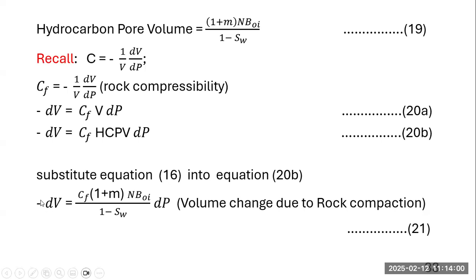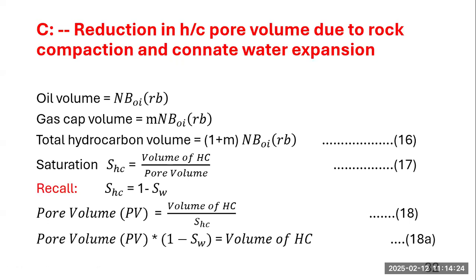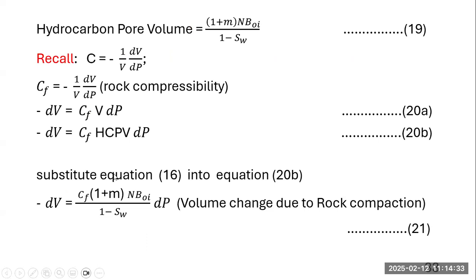So here, this volume change due to rock compaction, CF, you have the hydrocarbon pore volume, which you have in equation 19. Substitute equation 19 here: 1 plus M NBOI over 1 minus SW. Actually, this is the total hydrocarbon volume, 1 plus M NBOI, equation 16, divided by 1 minus SW, which we generated in equation 19. That's the total hydrocarbon pore volume, then you have your dP.